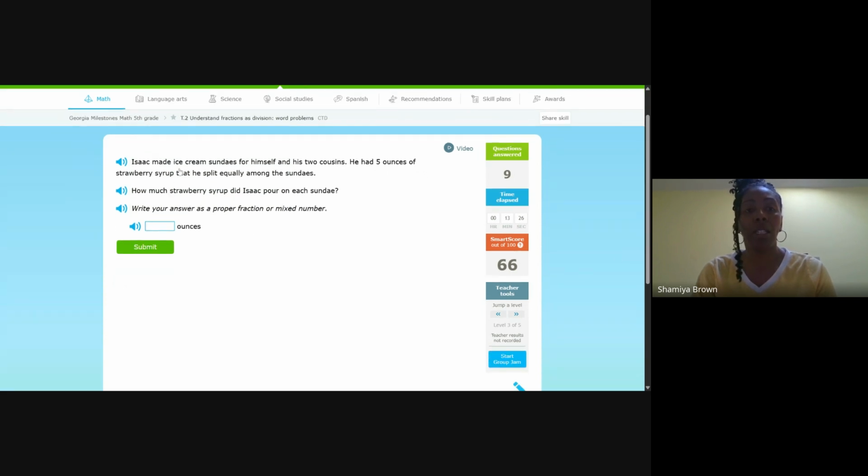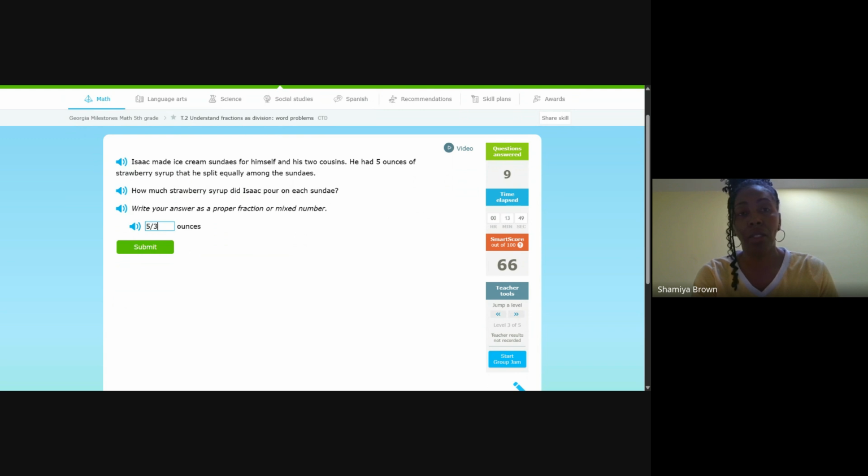Isaac made ice cream sundaes for himself and his 2 cousins. So that's 3 people. He had 5 ounces of strawberry syrup that he split equally among the sundaes. So that's 5 ounces. He's splitting that among 3 people.